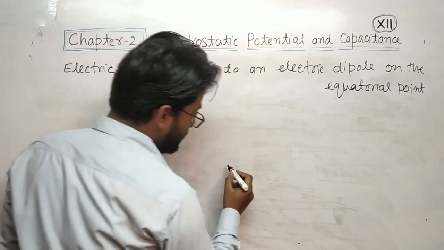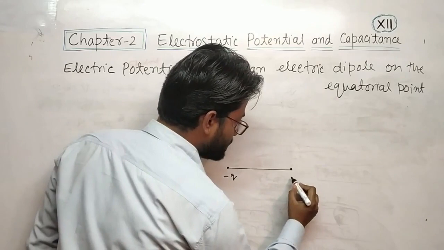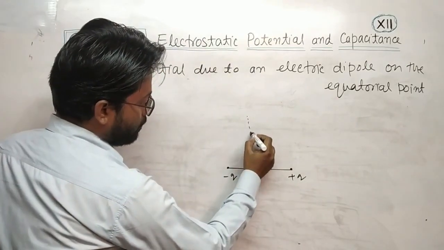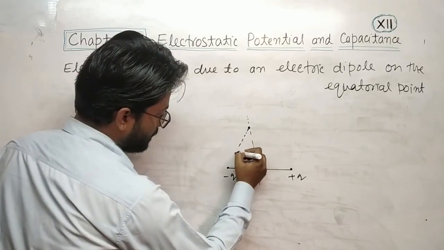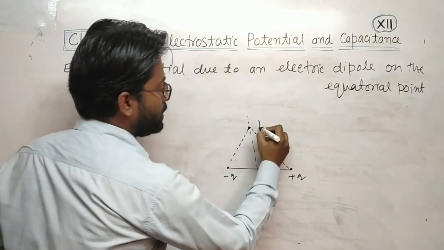What will be the electric potential? Let us suppose this is minus Q, this is plus Q, and the equatorial point is, you may take here, this point.